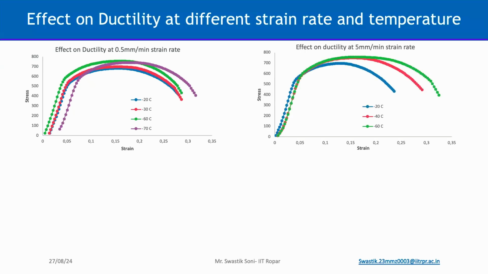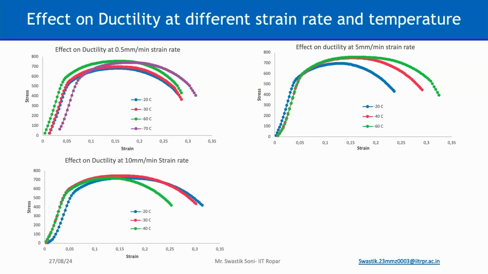While increasing the strain rate further, we find similar results: at -20 degrees the ductility is less, and by decreasing the temperature, the ductility may increase.